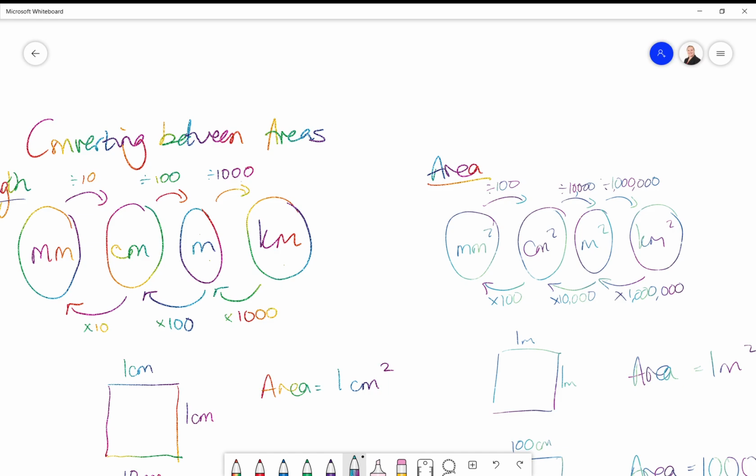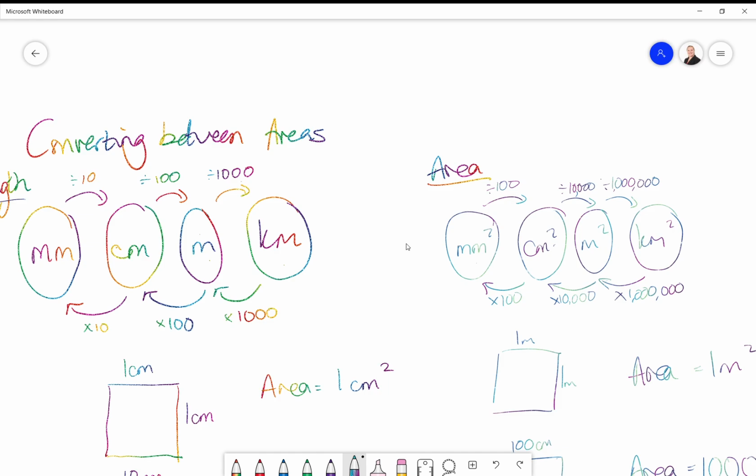So what I'm going to ask you to do next, now that you understand the units of area, is the worksheet on Share My Homework, which is converting between these different areas. I might give you a question in millimetres squared and I want the answer in centimetres squared, that kind of thing.